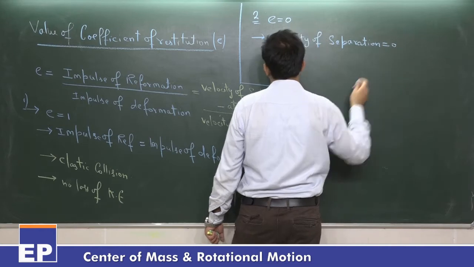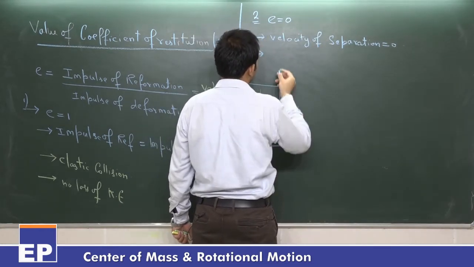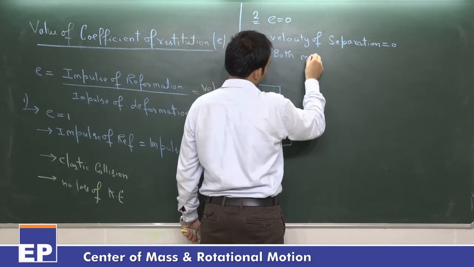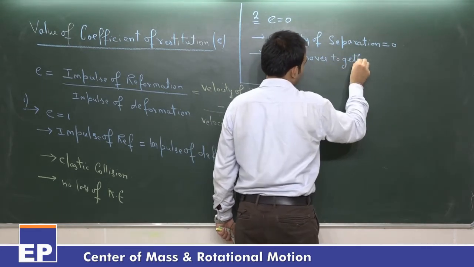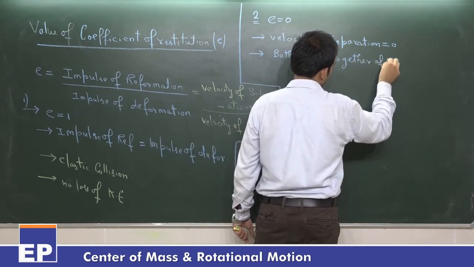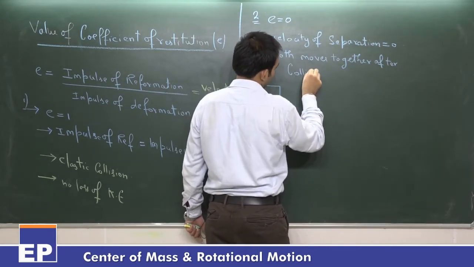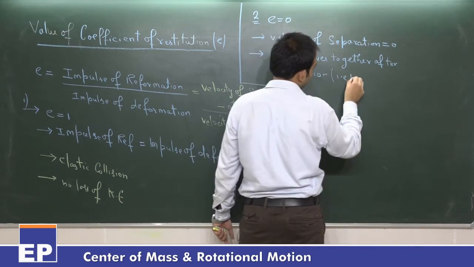If the velocity of separation is 0, both will move together after collision. That is a perfectly inelastic collision.